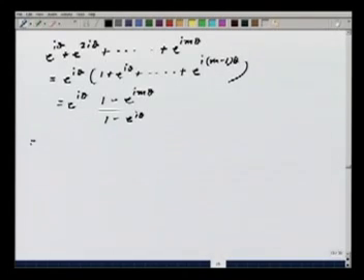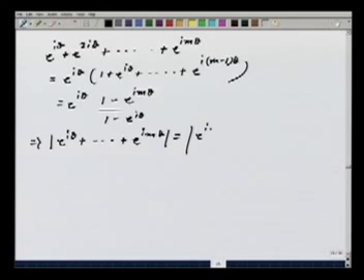Now this implies that the modulus of e to the power i theta plus up to e to the power i m theta is the modulus of e to the power i theta into 1 minus e to the power i m theta over 1 minus e to the power i theta, by the previous formula.